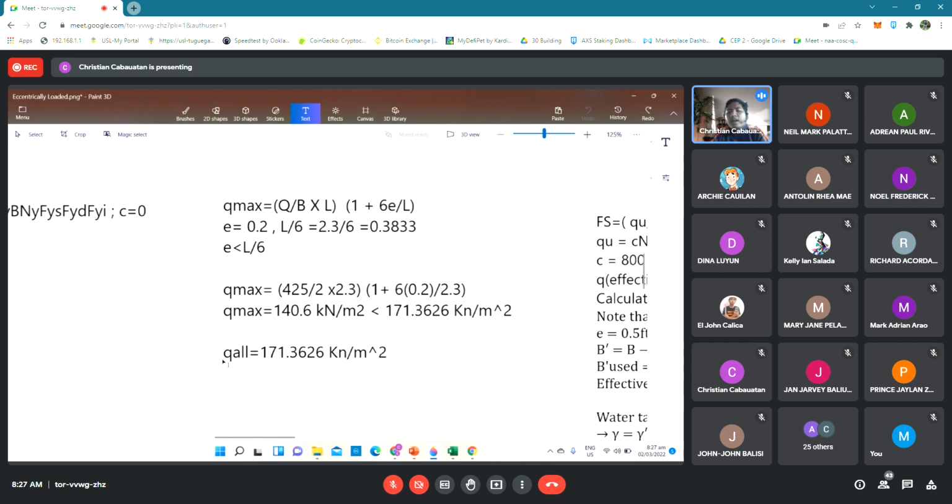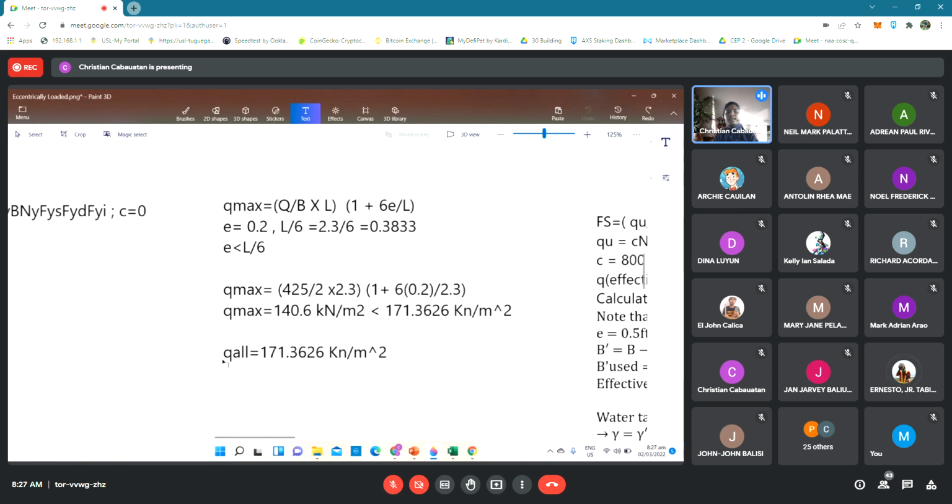Okay. Sir, ano po ang importance why we consider the biggest number? Because we are considering its safety, no? Doon siya makakapasok yung inyong foundation.